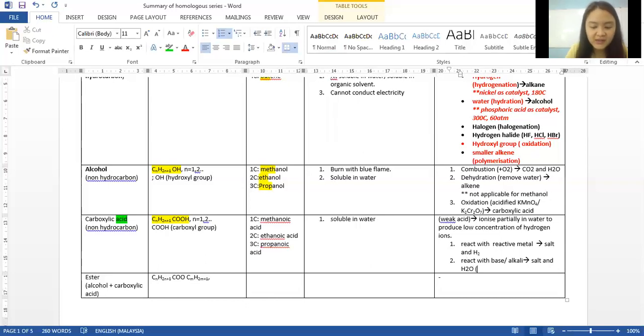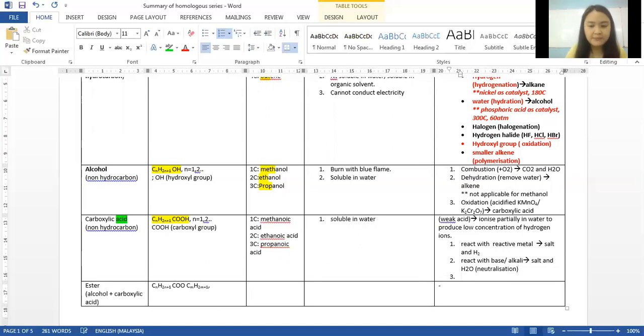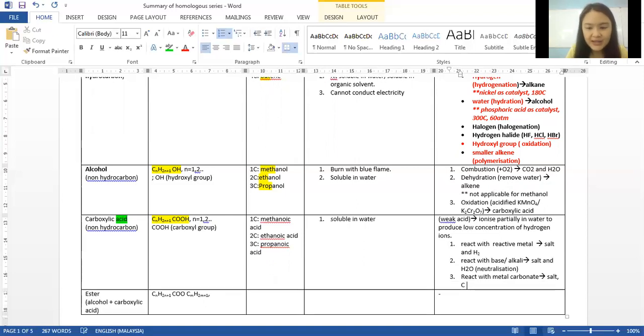This process is also called the neutralization process. Now, the other one, carboxylic acid is also able to react with metal carbonate. Just like all other acids, when it reacts with carbonate, it forms salt, carbon dioxide, CO2, and water, H2O.